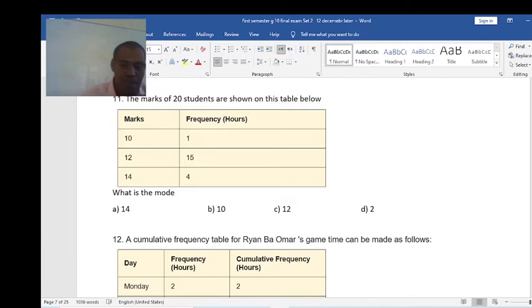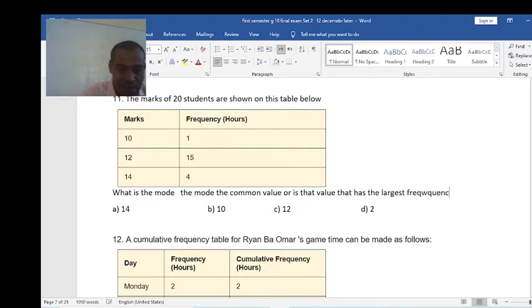Between parentheses, the mode is the most common value, or the value that has the largest, the highest frequency.